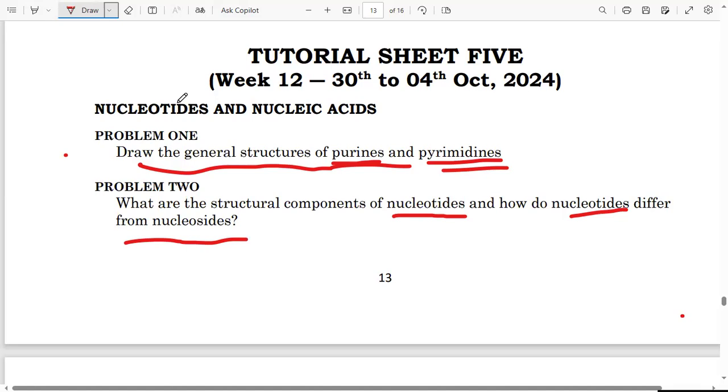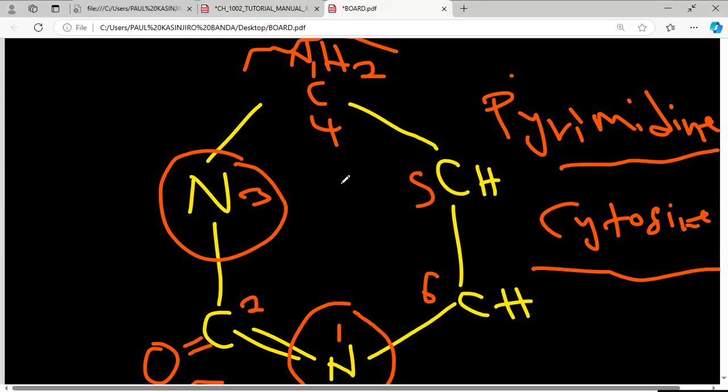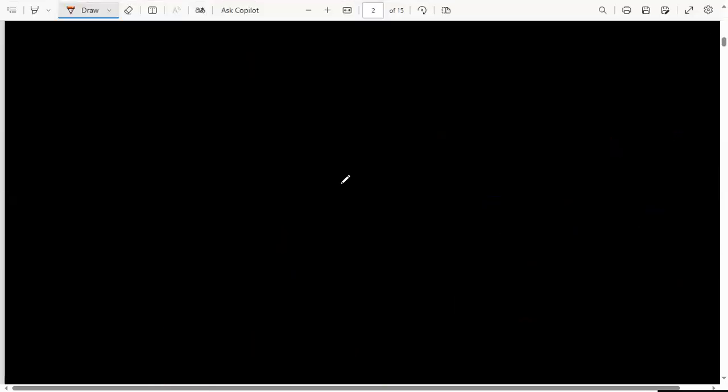Okay, so let me draw a simple illustration here. Let's say, for example, I have this pentose sugar. It should be 5-membered. And then I have this as my nitrogenous base.